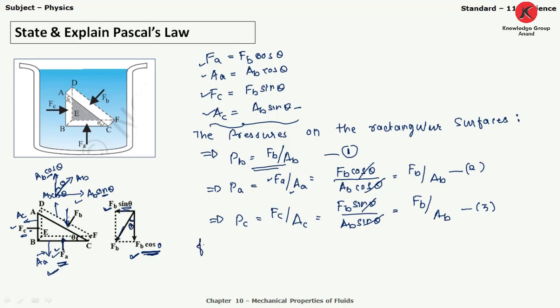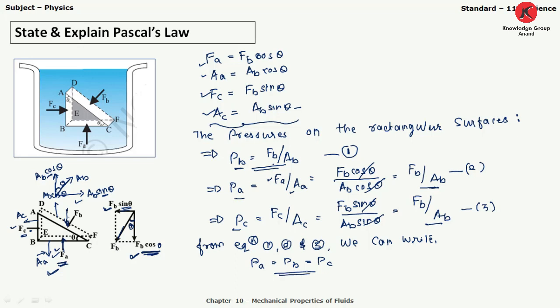So from equations 1, 2 and 3 we can write the equation for PB equal to FB by AB, the equation for PA, which is also FB by AB, and the equation for PC, which is again FB by AB. So from equations 1, 2 and 3 we can write that pressure PA equals PB equals PC, right?